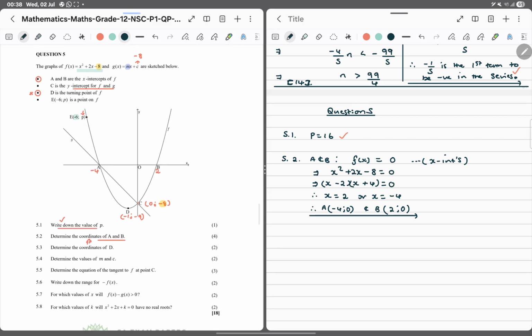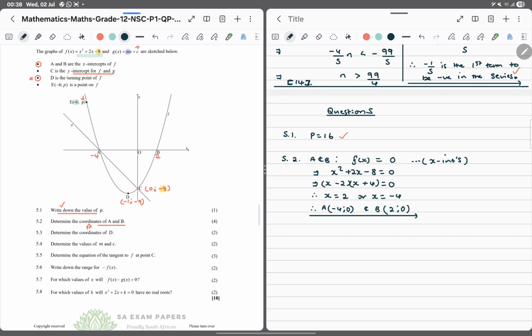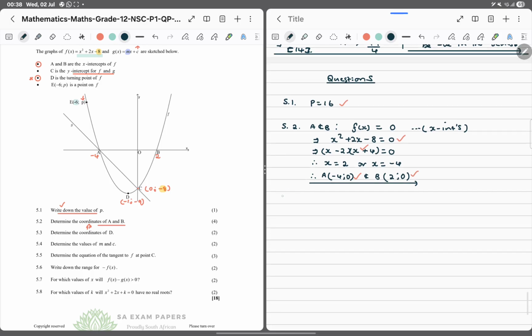It said coordinates, meaning both x and y coordinates. Don't lose out, guys. So this is a mark. Substitutions in the business, whenever we factorize, we get a mark. Now showing up with our ordered pair gives us the extra marks, okay? Nice and easy.